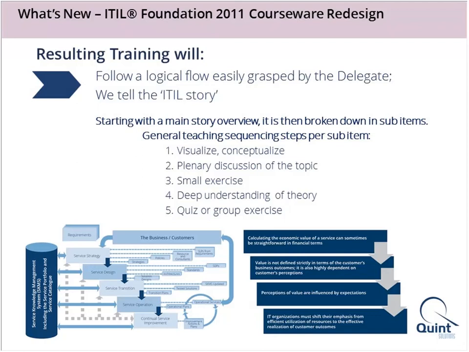At the end, we have a quiz or group exercise, and again, all of this is focused on keeping the student involved in an active way and not allowing him to lean back and consume and forget everything again the moment you've talked about it. We want the students to be involved and energetic, and this type of sequence will help keep them more involved in the training process.